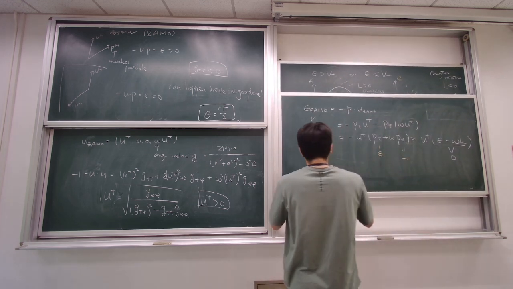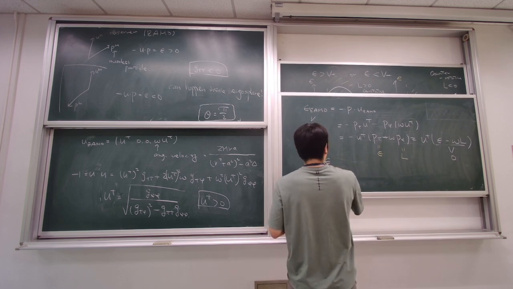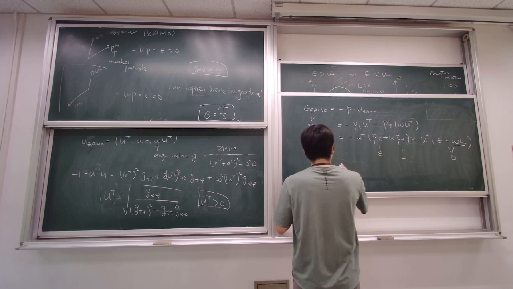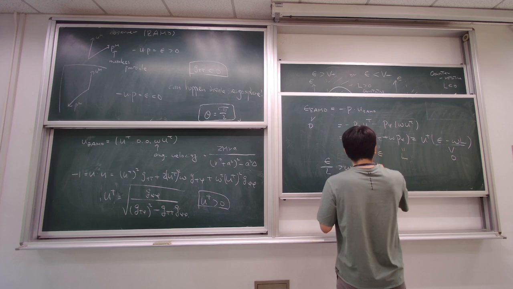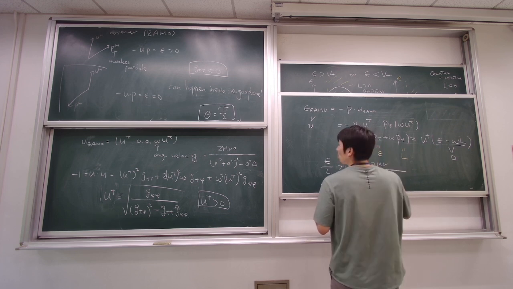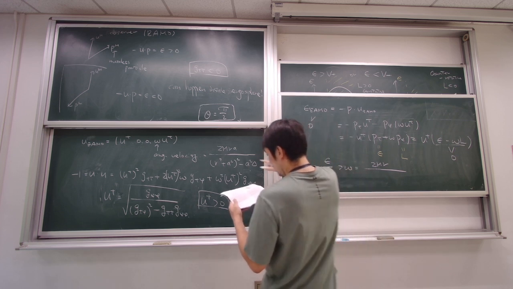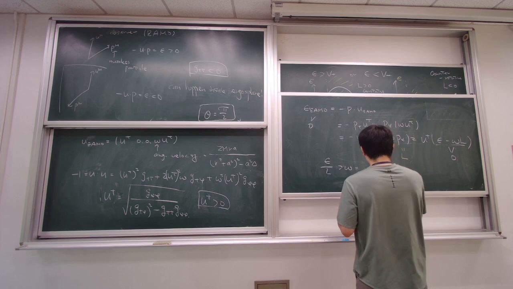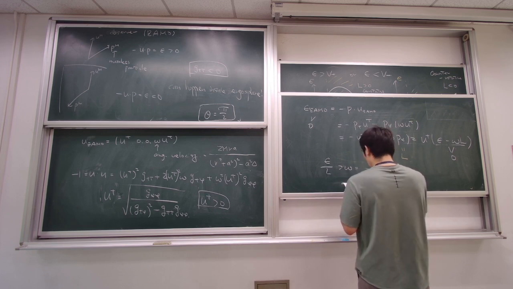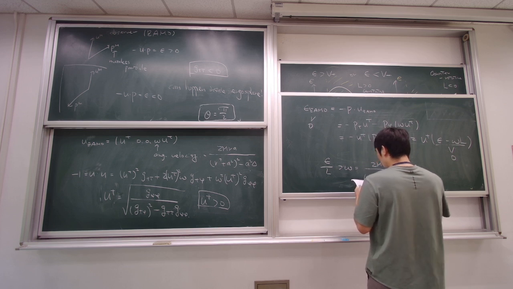So this means that epsilon over L is greater than omega, which is equal to, I mean, just omega here is r square plus s square minus s square delta.